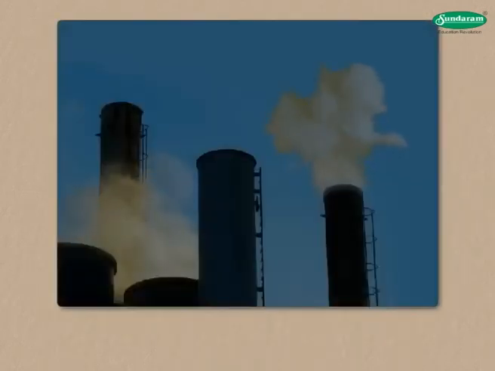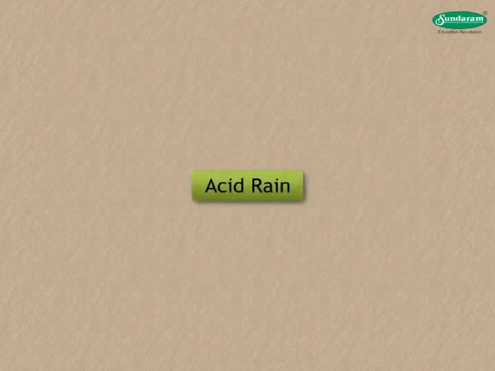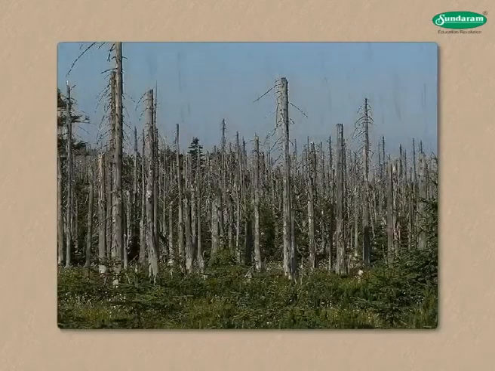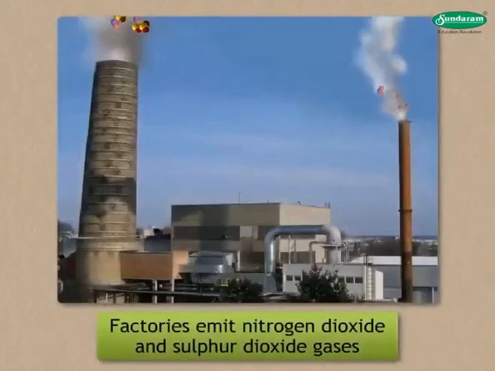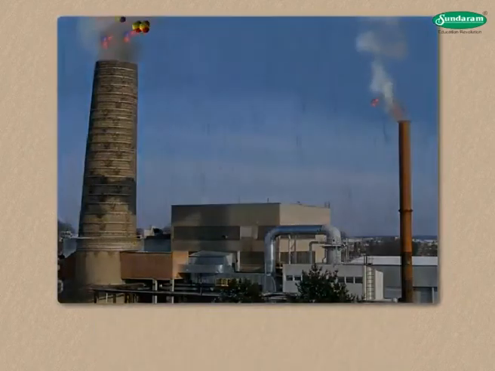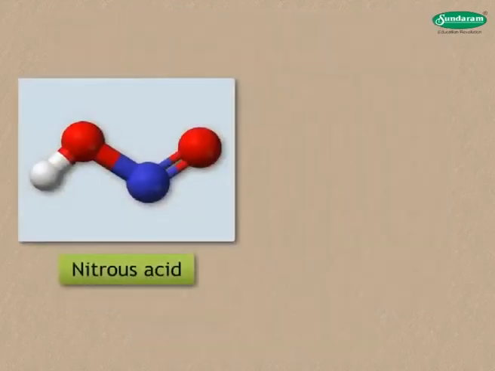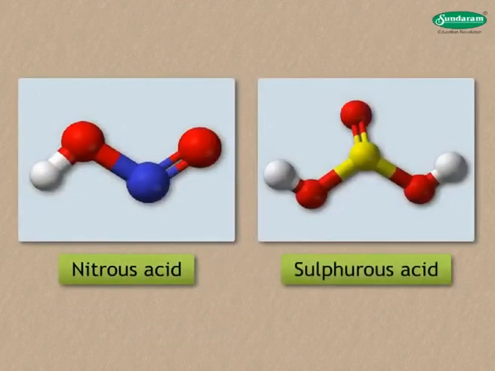Do you know, friends, pollution causes acid rain? Let us learn about it in detail. Acid rain. Acid rain is one of the harmful effects of air pollution. Factories in big cities emit nitrogen dioxide and sulfur dioxide gases. As it rains, these gases dissolve in it, forming nitrous acid and sulfurous acid.